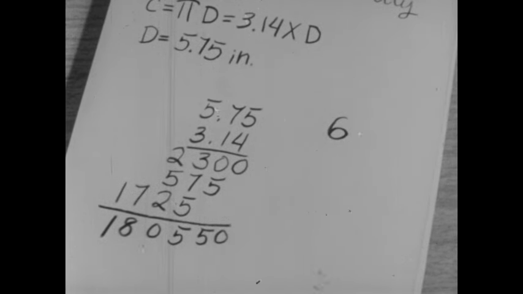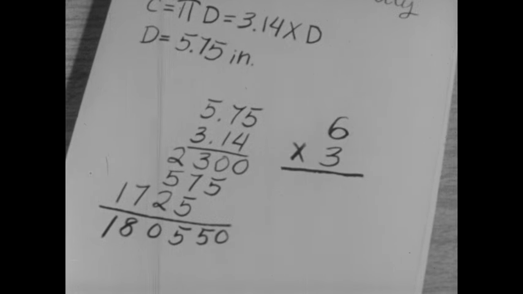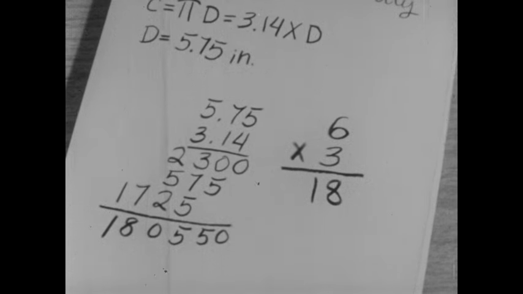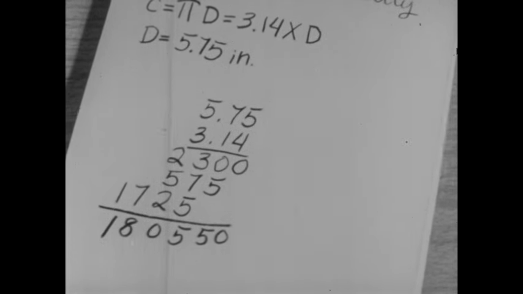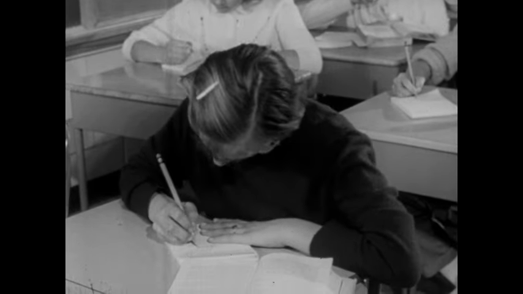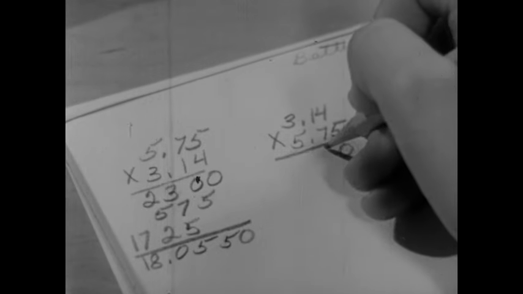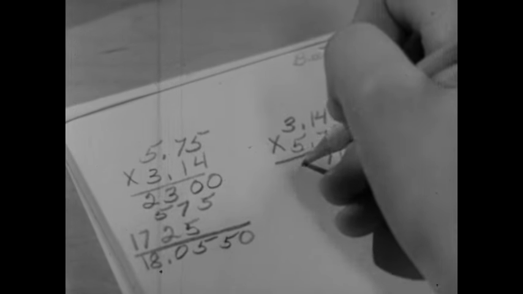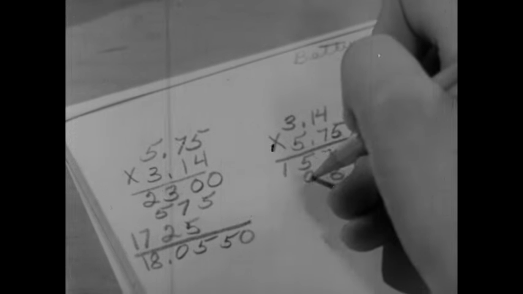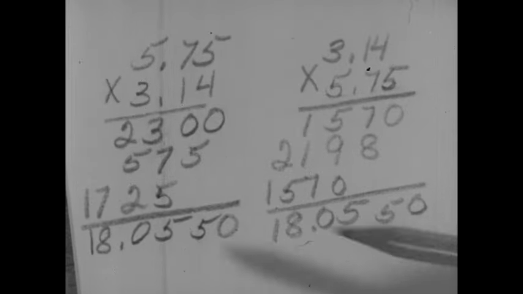We'll round 3 14/100 to 3. 3 times 6 is 18. Knowing that 18 is the approximate answer to her problem, Betty now can be quite sure that the decimal point goes here. A good way to check multiplication is to reverse the positions of the multiplier and the multiplicand and multiply again. It checks.